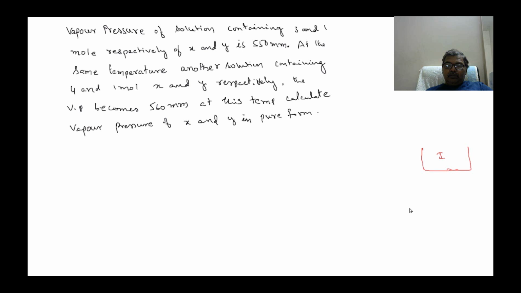Okay, now see, this is the first solution. Number of moles of X is 3, number of moles of Y is 1, and mole fraction of X is 3 by 4, mole fraction of Y is 1 by 4.